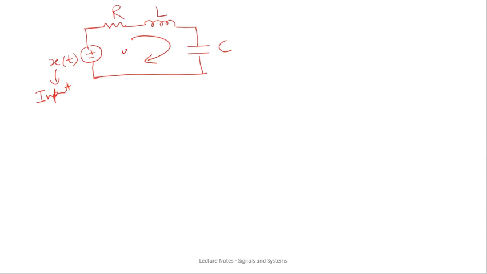So if you sum the voltage drops around the loop, what you will get? You will get this kind of equation.